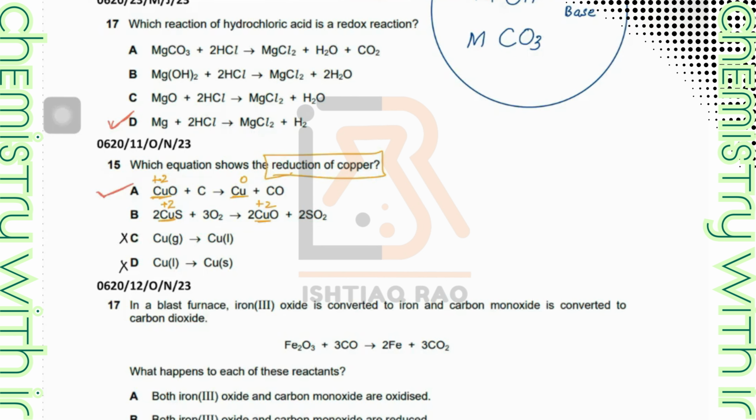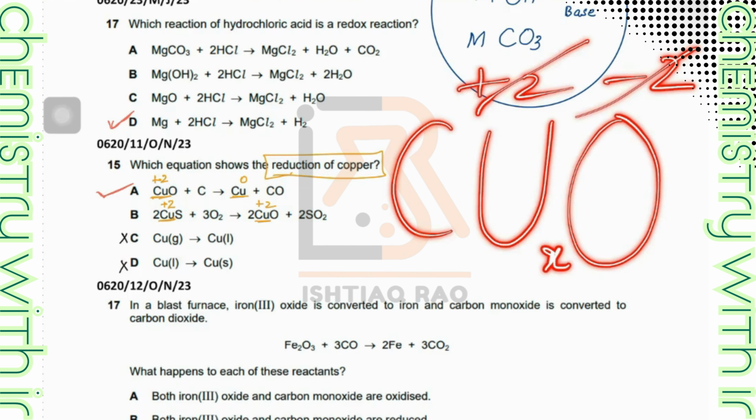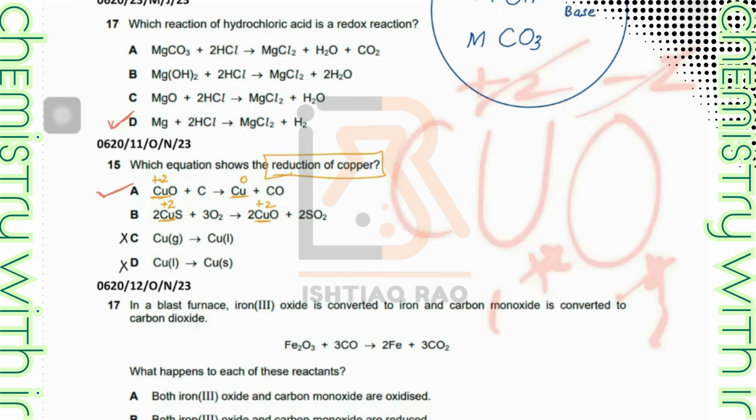And if you are thinking, how do you know that this copper is plus 2? For copper oxide, this copper is plus 2 because oxygen is minus 2. If this is minus 2 and this is plus 2, they would cancel each other. There is nothing written on the subscripts, so 1 and 1. Copper is plus 2.